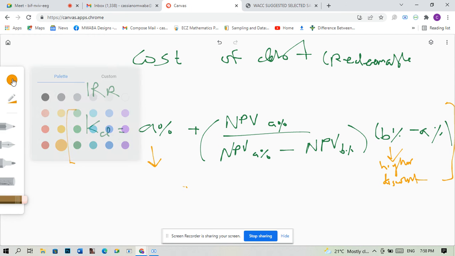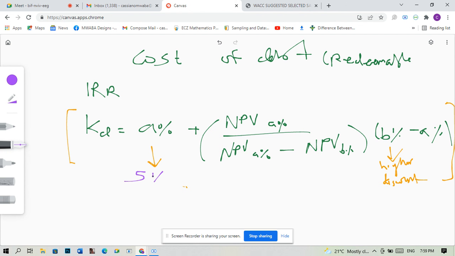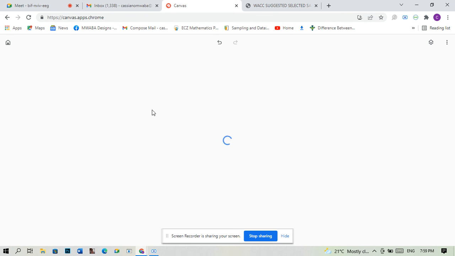Our A% is 5%, the lower discount rate, plus the net present value for A% was 70.32, divided by 70.32 minus NPV B%. What's our NPV B%? Negative 162.